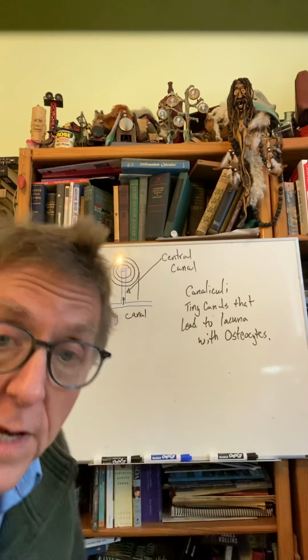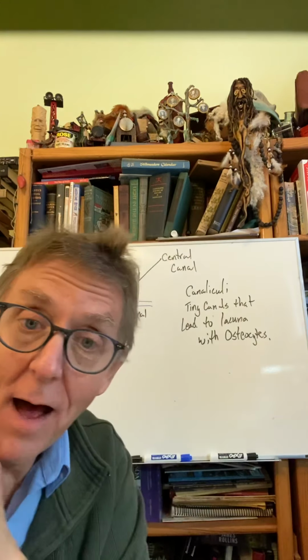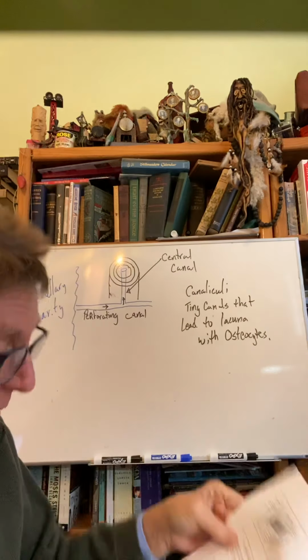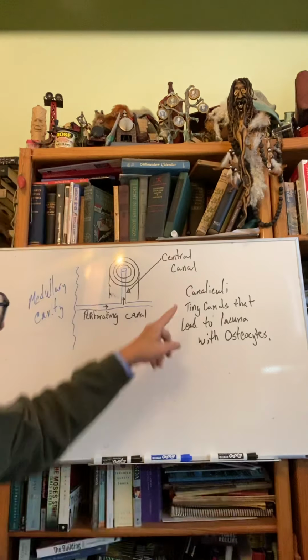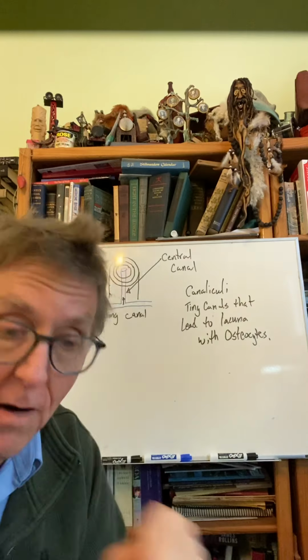So you have to get the blood from the central canal out to the little lacunae with the osteocytes. And in order to do that, we have things called canaliculi. Little teeny tiny canals, that's what they are.